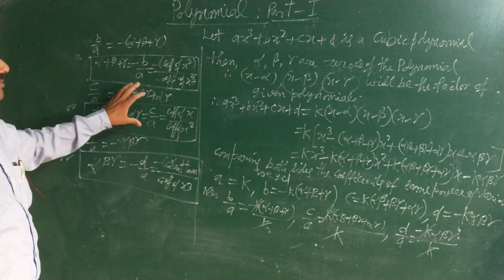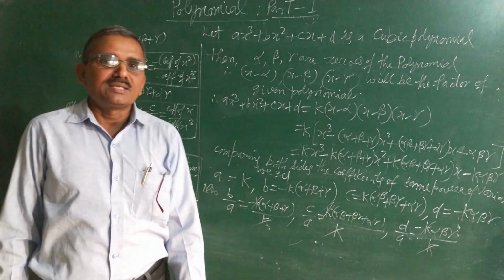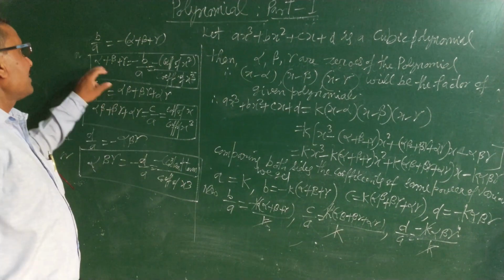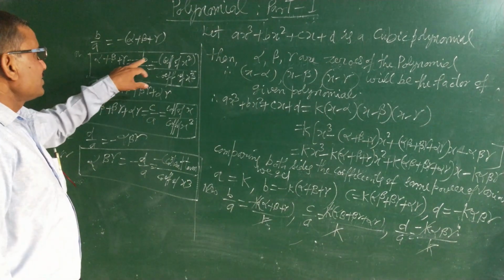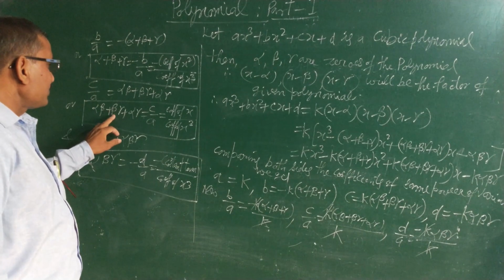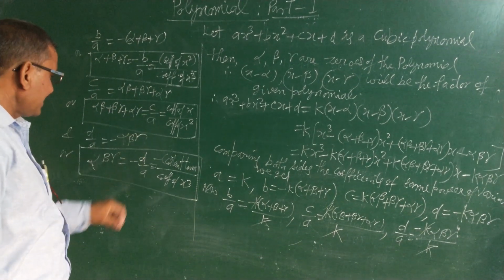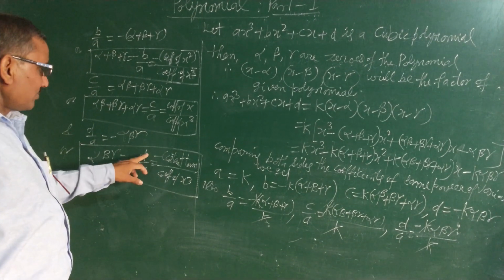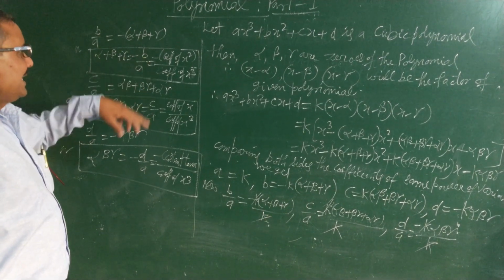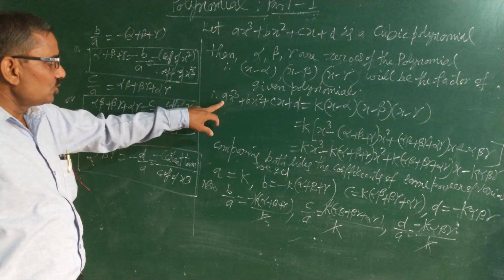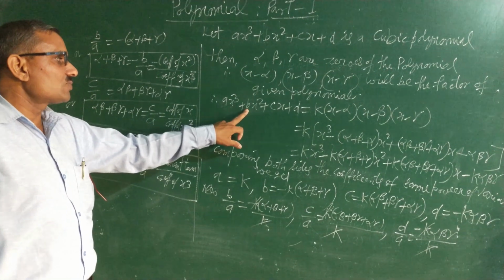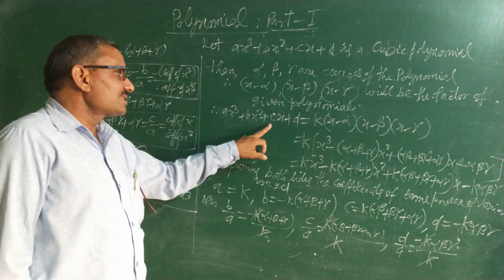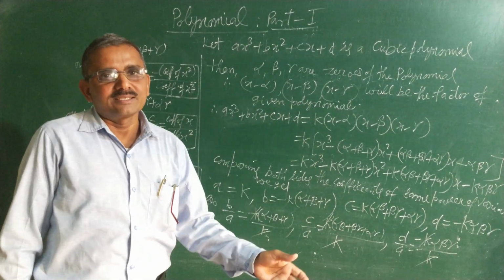So this is the relation between zeros and coefficients. We have to remember it: alpha plus beta plus gamma is minus b upon a, alpha beta plus beta gamma plus alpha gamma is c upon a, and alpha beta gamma is minus d upon a, where a is the coefficient of x cube, b is the coefficient of x square, c is the coefficient of x and d is the constant.